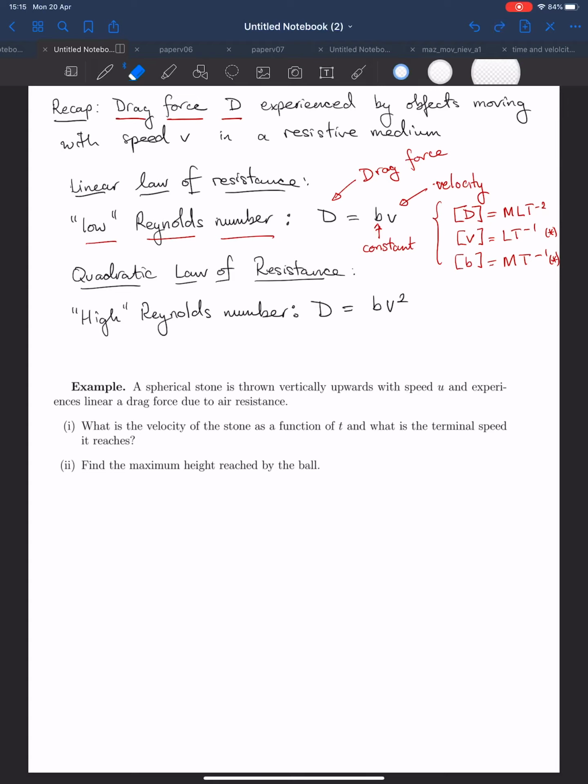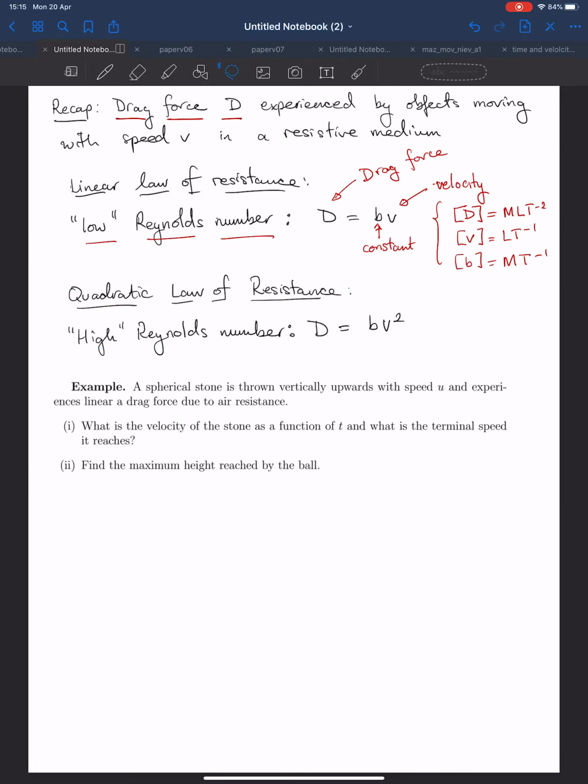Okay, so we can also apply a similar trick when we look at the quadratic law of resistance. Now, this law comes about when you have a high Reynolds number that describes the flow.